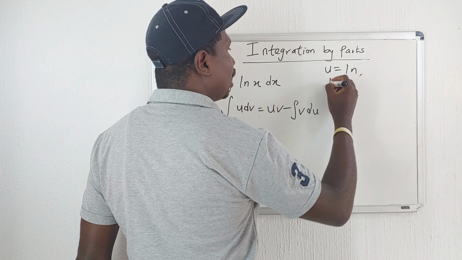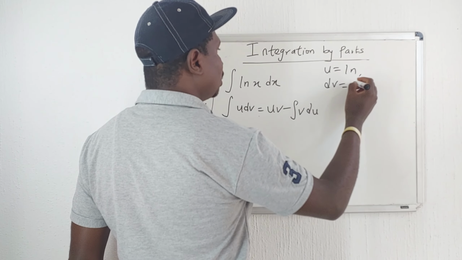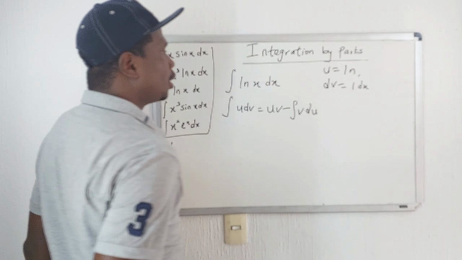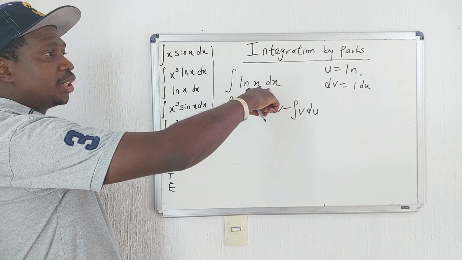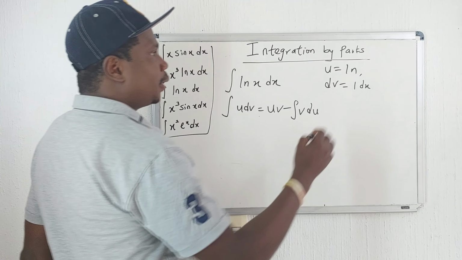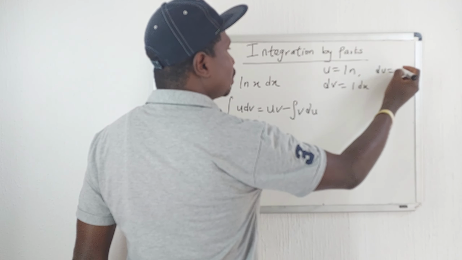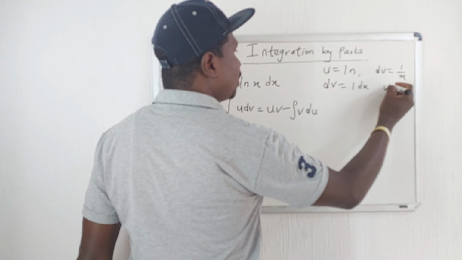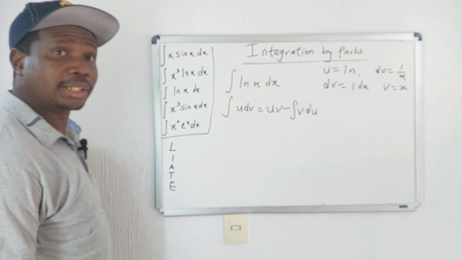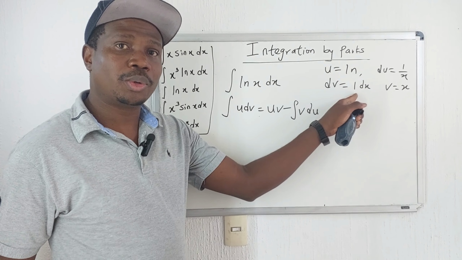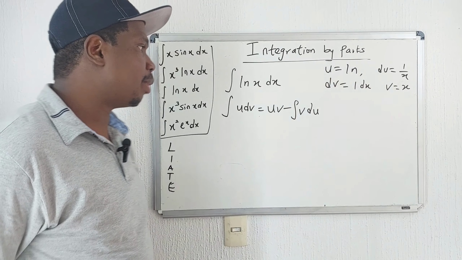Then the dv should be 1 dx because the coefficient of the x here is 1. Then du is 1 over x, v equals to what? x, right? If I integrate 1 with respect to x, I'm going to have x.